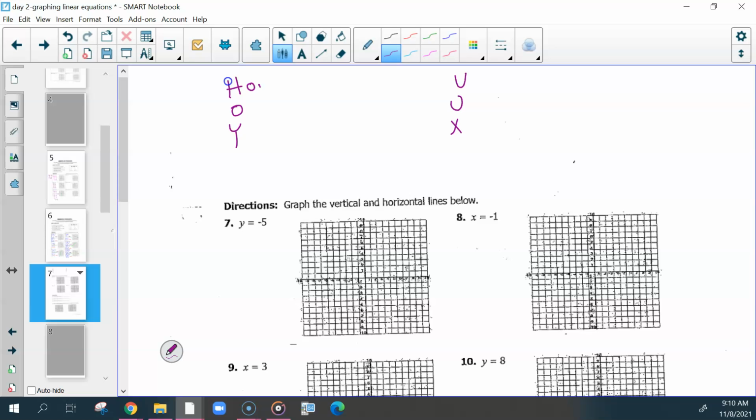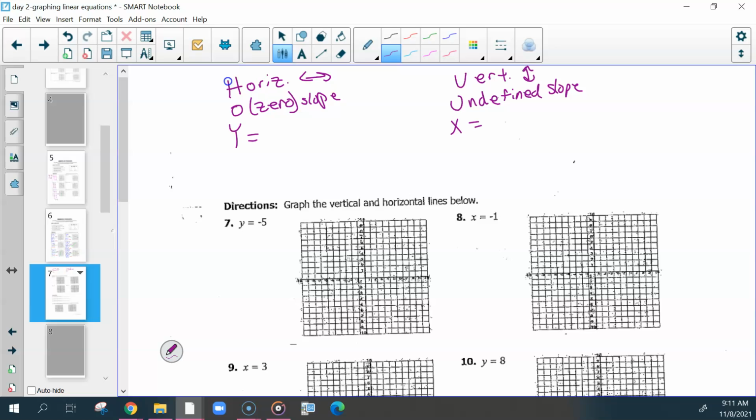Horizontal lines have a 0 slope and are y equals equations. And then vertical lines have an undefined slope and are x equals equations. Are you okay?